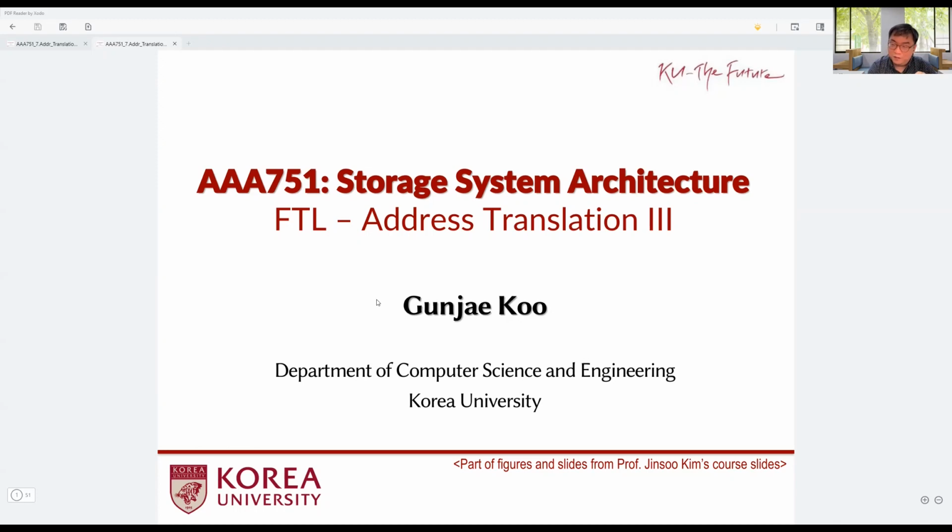And these operations are very asymmetric. So again, I think the SSD or flash memory has lots of interesting research issues or research topics. But this address translation is very interesting.